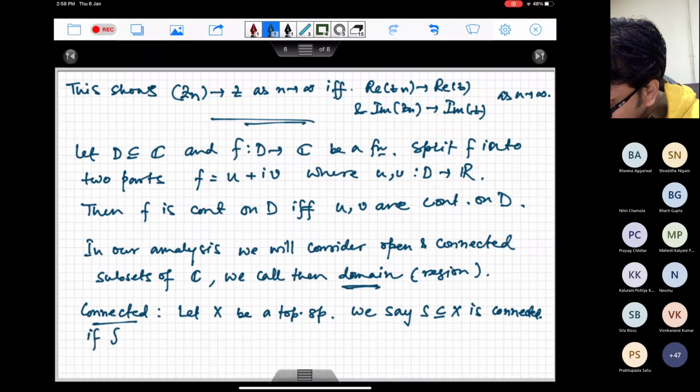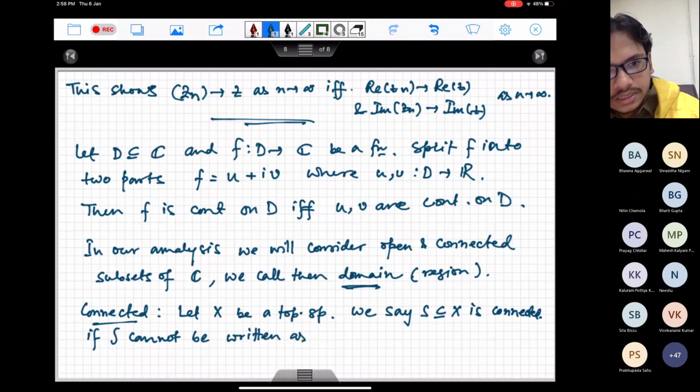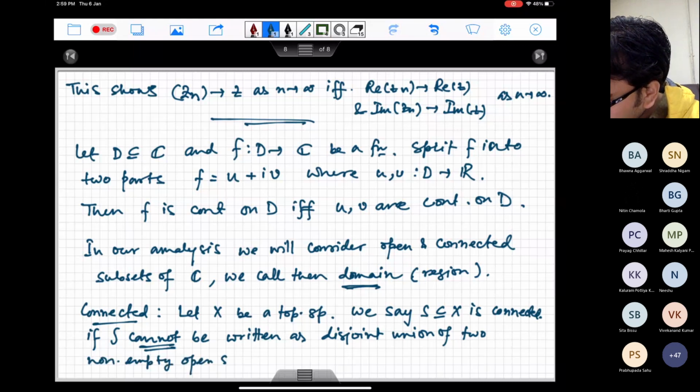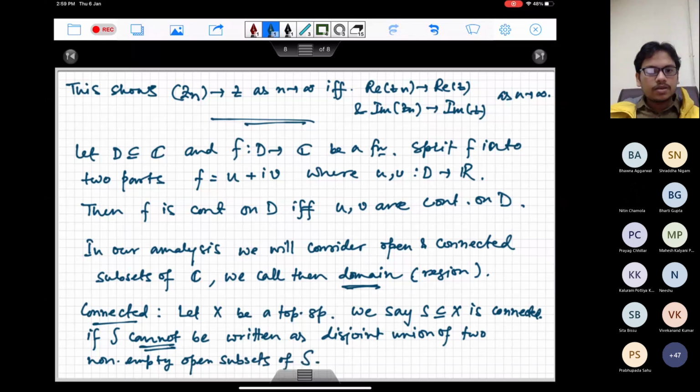if S cannot be written as a disjoint union of two non-empty open subsets, not of X but of S. Cannot is important.